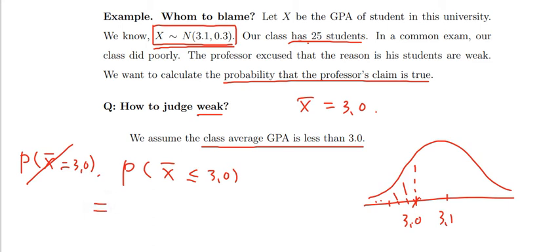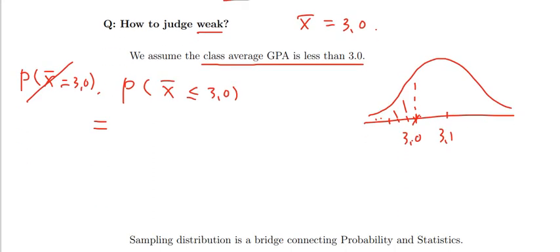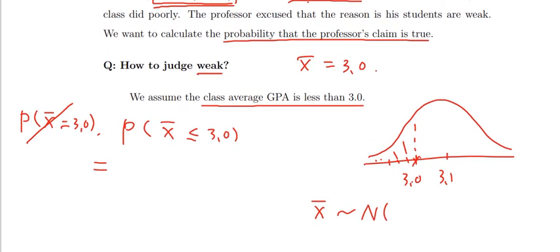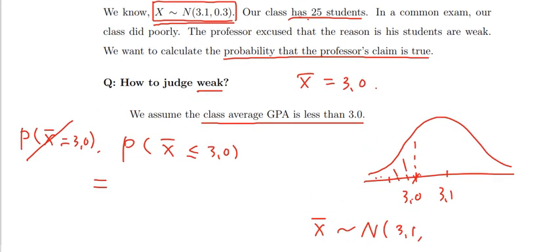So in order to find this probability, we need to know the distribution for X bar. Here X bar follows a normal with mean 3.1, then sigma over radical n, where sigma is 0.3.